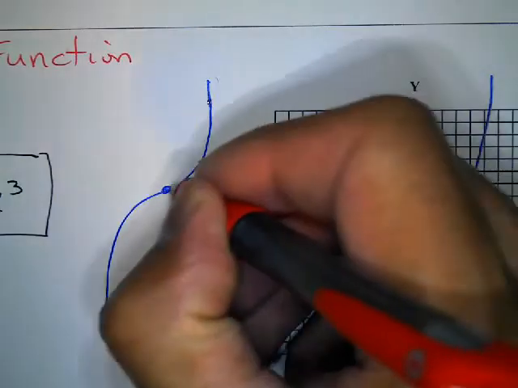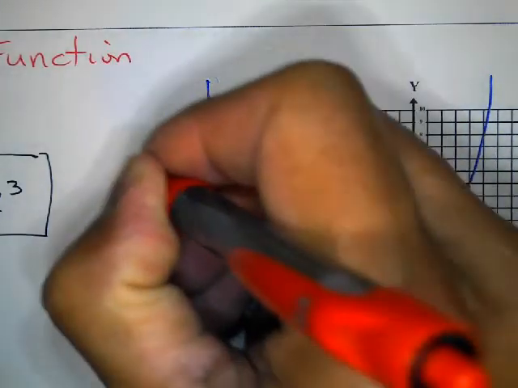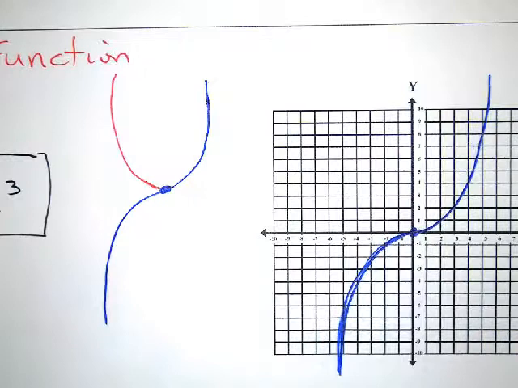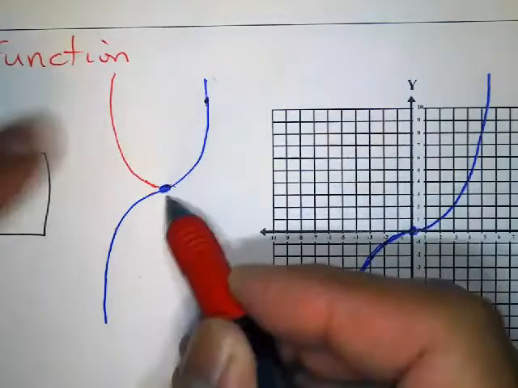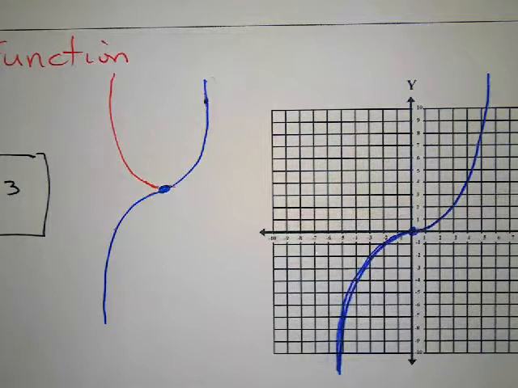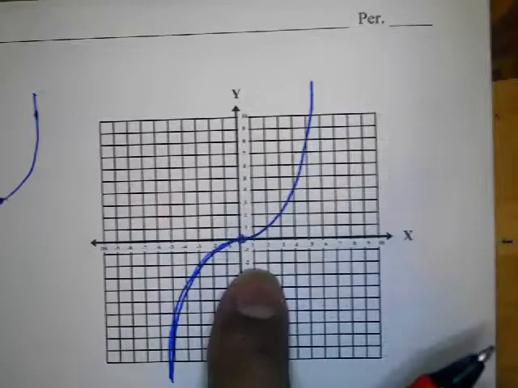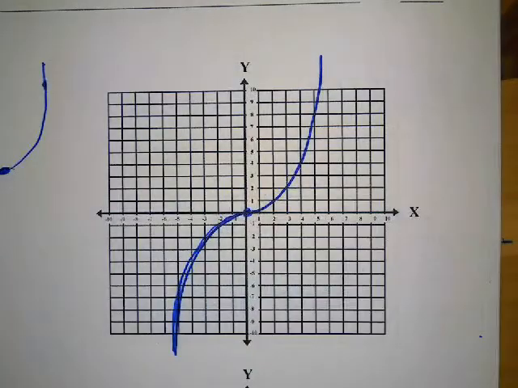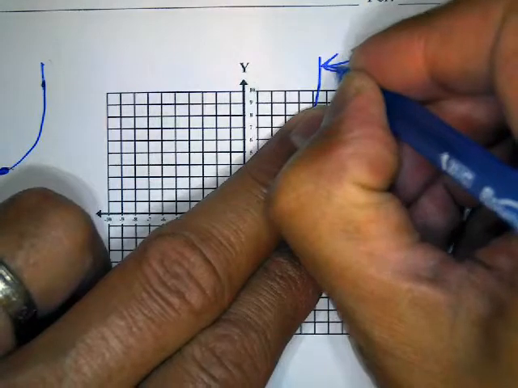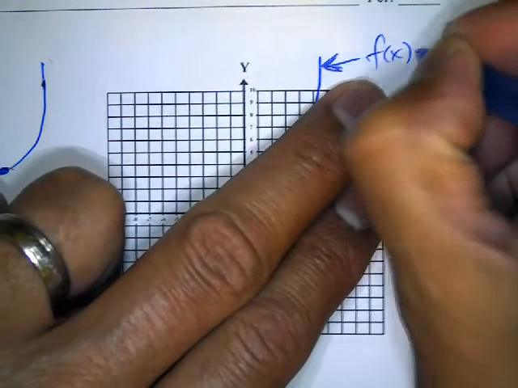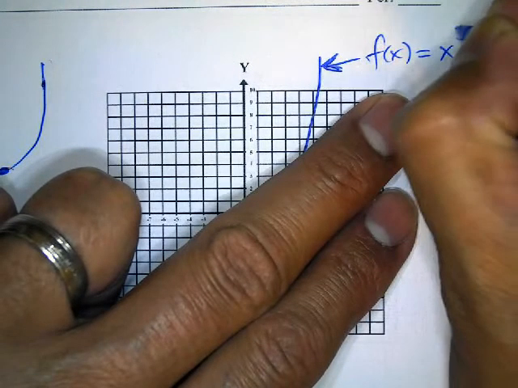If I were to go here and I draw a parabola, it would look like this, but it's almost like this second half got reflected down and it's underneath, right? So this is the graph of the cubic function, so that's your parent function. F of x is equal to x cubed.